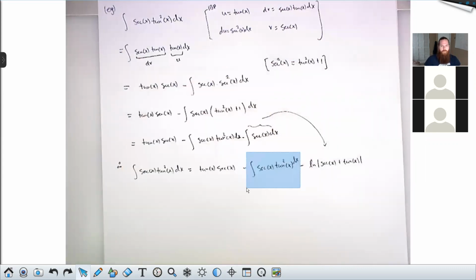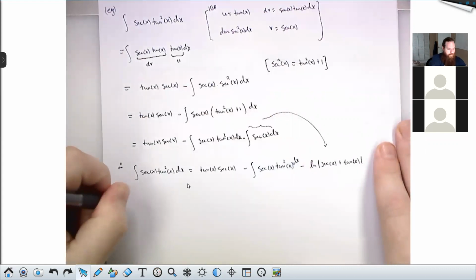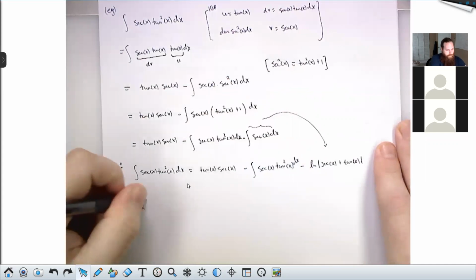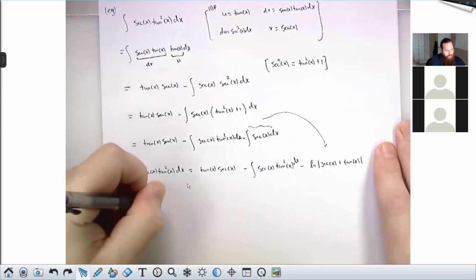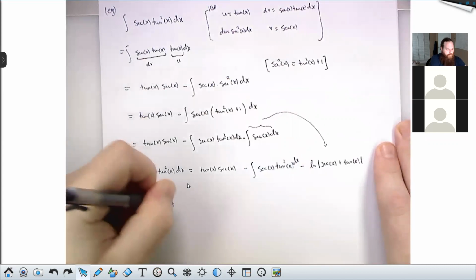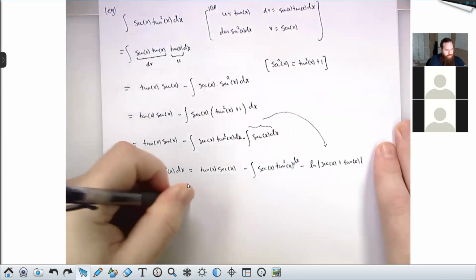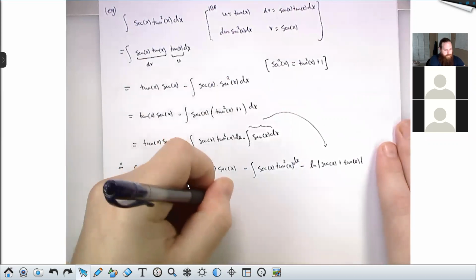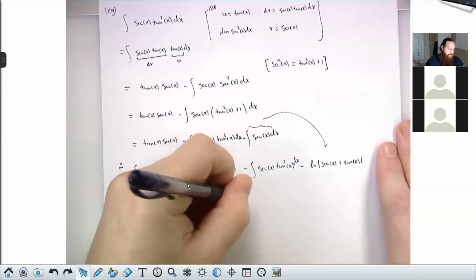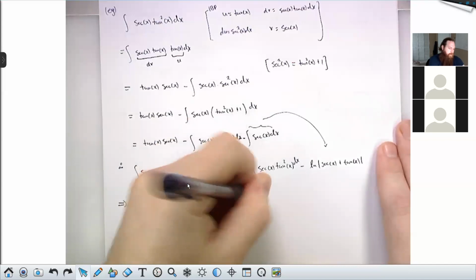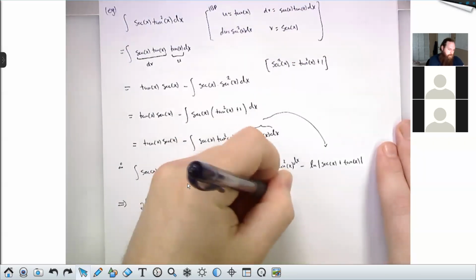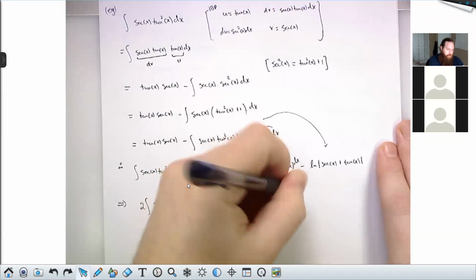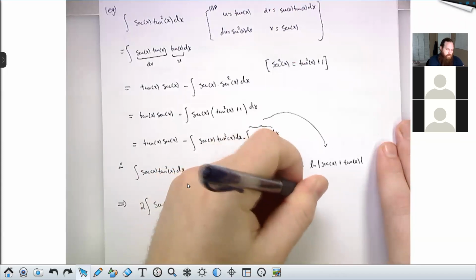If I add this to both sides, I'll get 2 times the integral of secant x tan squared x dx equals tangent x times secant x minus the natural log of secant x plus tangent x.